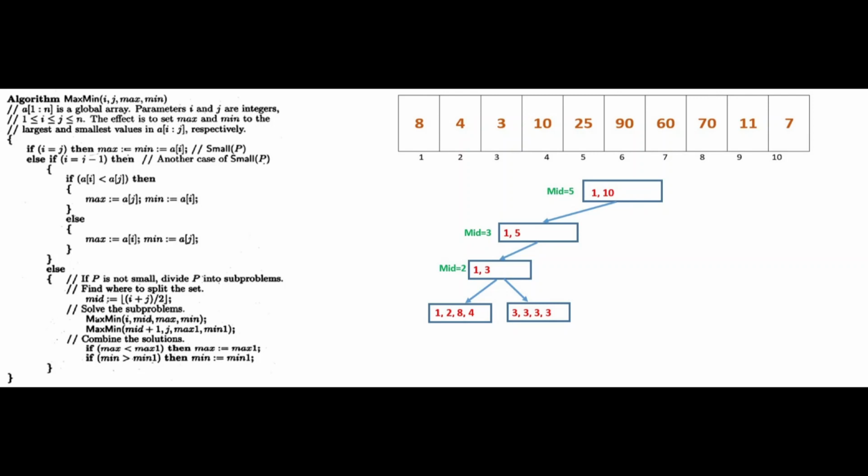Now we are in the node with mid equal to 2, that is, there are 3 values: i is equal to 1, j is equal to 3, mid is equal to 2.